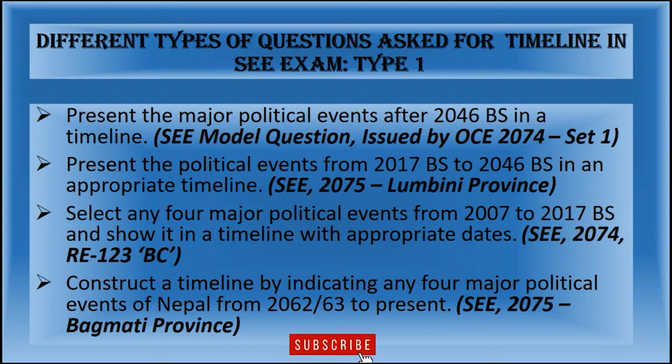You will make the timeline using only the year or the full date, that is your choice. And second, you don't have the choice to use only the year, you must use the appropriate full date, like the third question. So this is the first type.